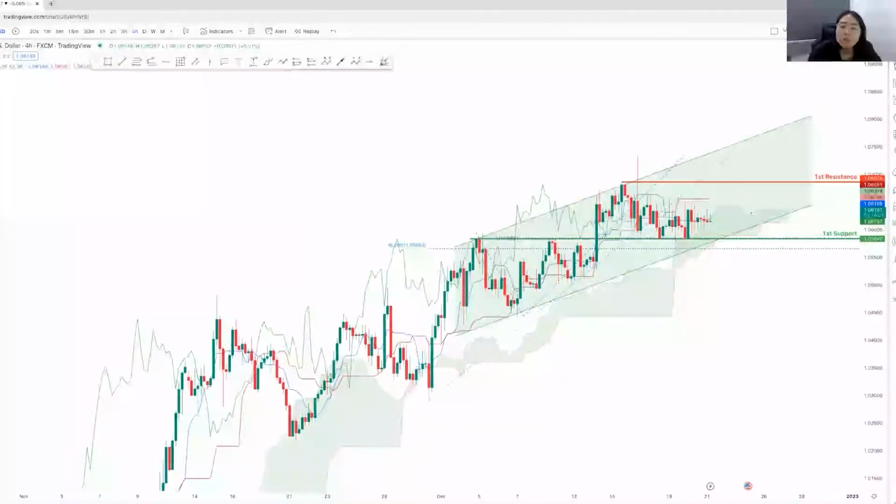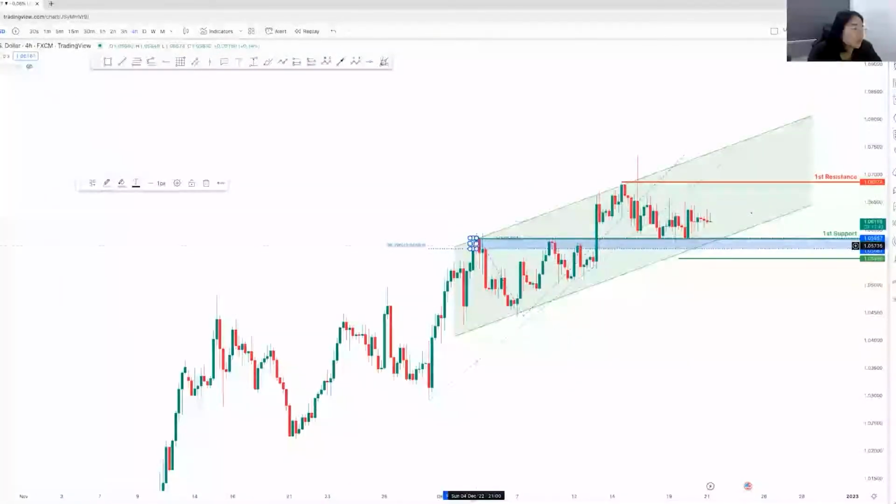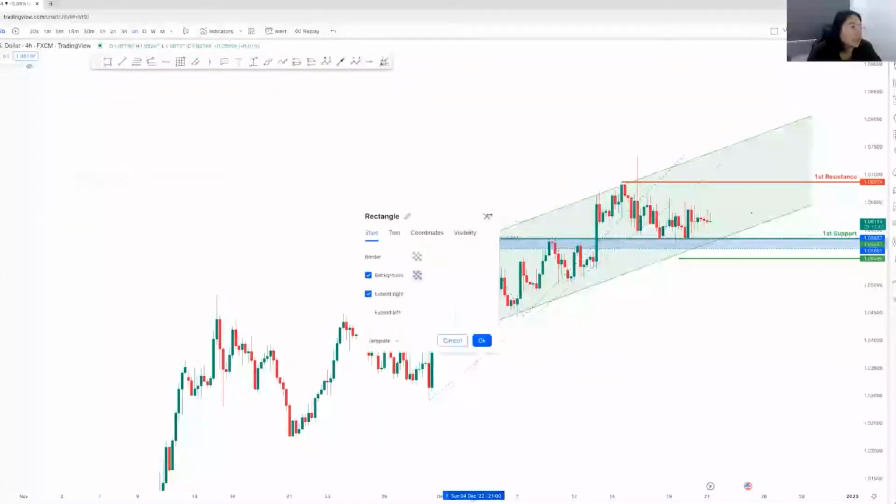Okay, what about stop loss? Where would I put my stop loss? I would put my stop loss here, just below this area. I'm going to get rid of the Ichimoku so that it's not confusing. This is the area where I think price is going to reverse off.